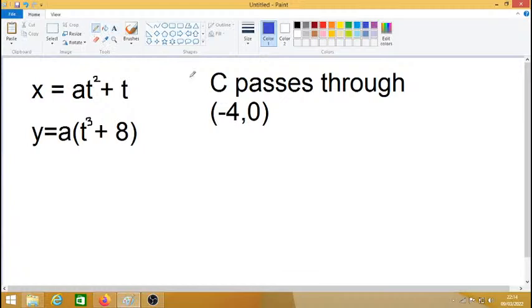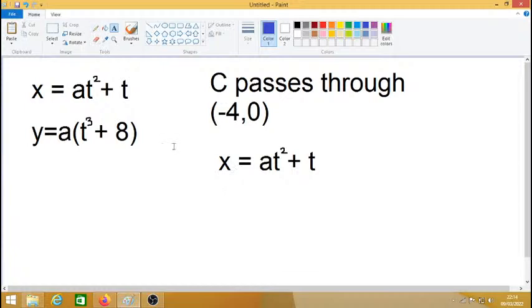So let's use one number at a time. First number, the -4, is the x, so that can go here. We can take a copy of this equation and substitute in what we know. It should also tell us what t is, but no, we have to find that as well. So let's put in -4 as our x value, and 0 as the y value.